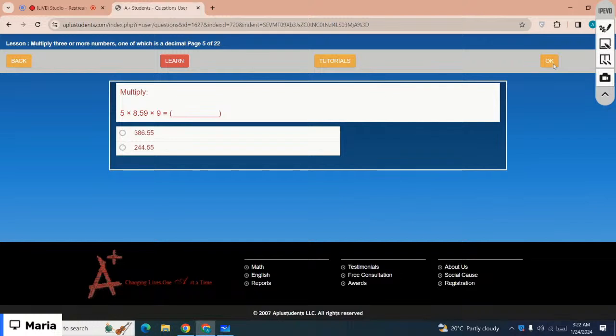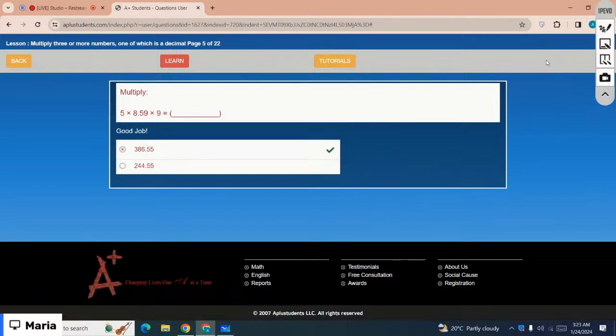Which option is the correct one? Yes, that is option number 1. That is 386.55 is the correct option. Option number 1 is the correct option. Got it?